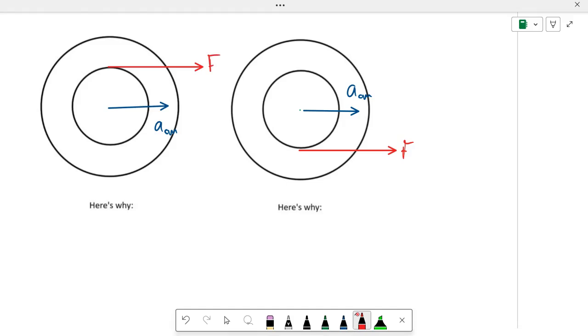If you choose a center of mass axis, there's an R vector like this, and wouldn't this force make a torque that way, so shouldn't this thing roll that way, an A_CM to the left? This one makes more sense, perhaps. If you have an R like that, and we choose center of mass as origin, we get a torque like this and an alpha like that. Shouldn't that thing therefore A_CM to the right?